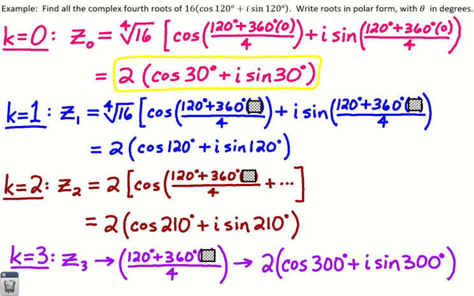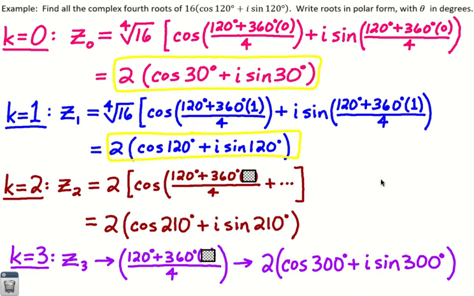Then I do this again, but this time I let k equal 1. Everything's the same. Look, in blue, n and r, and that's n and that's theta. But the k value is now going to be 1. Obviously, this is still going to get you 2. But now this mathematics ends up being 120. So right here would be my second complex fourth root out of 4 total roots.